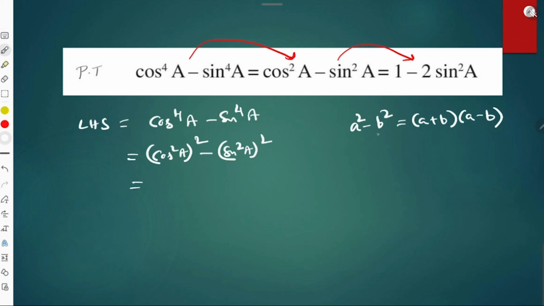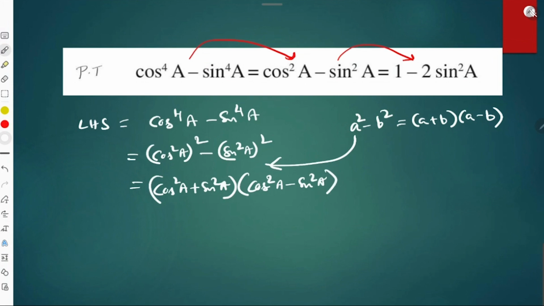Now, if you apply this identity, A plus B into A minus B, we get cos square A plus sin square A into cos square A minus sin square A. And we know that this value is 1. And so the resultant will be 1 into cos square A minus sin square A. That is the second part of this result.